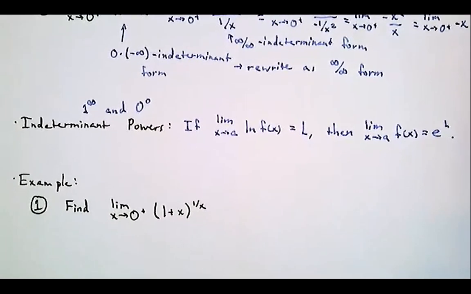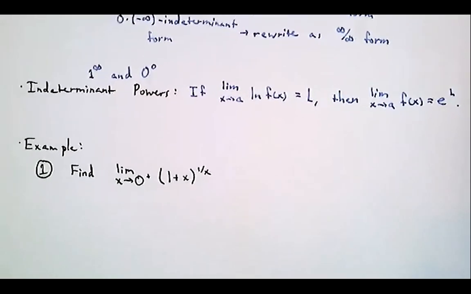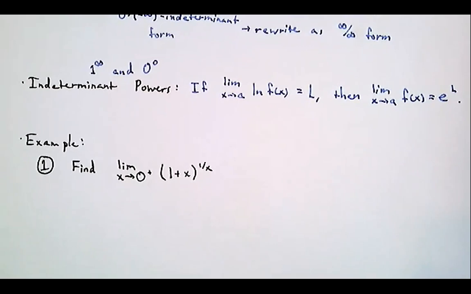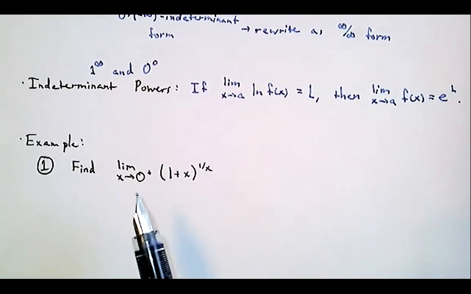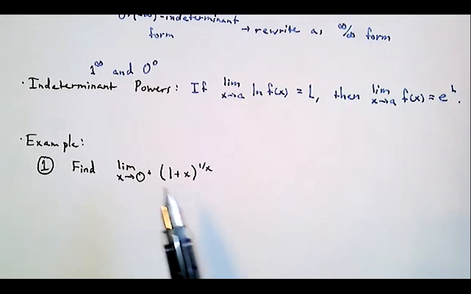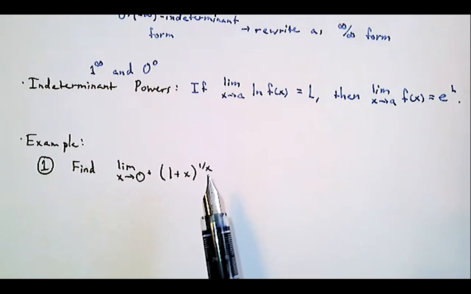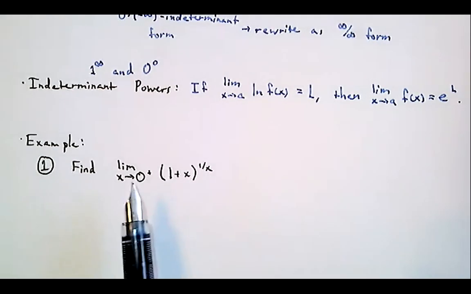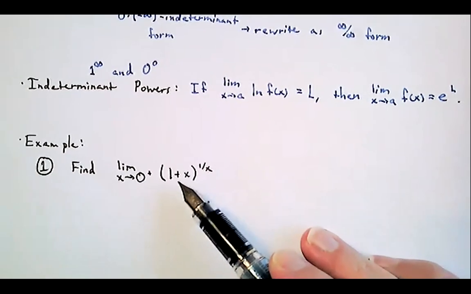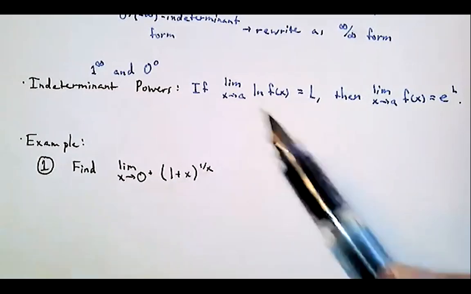Okay, so this first example, we're finding the limit as x goes to 0 from the right side, from the positive side of this guy, 1 plus x to the 1 over x. And if you think about what happens if you would try to plug in the limit inside the parentheses, you'll get a 1 plus 0.